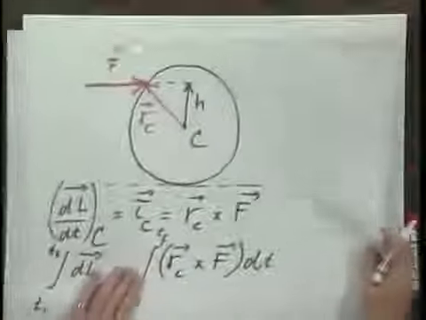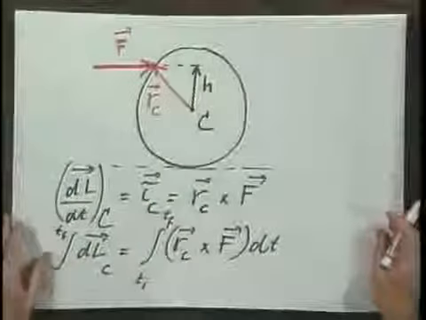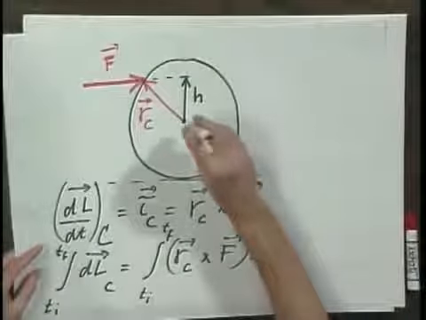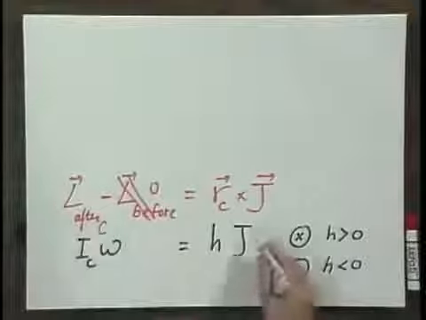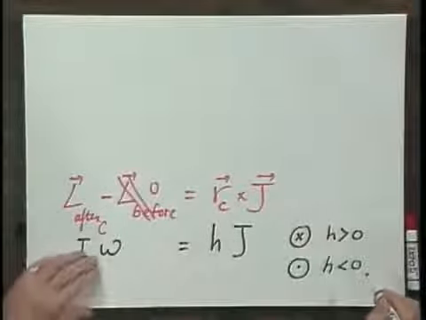If I hit the ball here, it will start to rotate in this direction, and then the angular momentum vector about point C is up. So these are the magnitudes, and here you have the directions depending upon h.